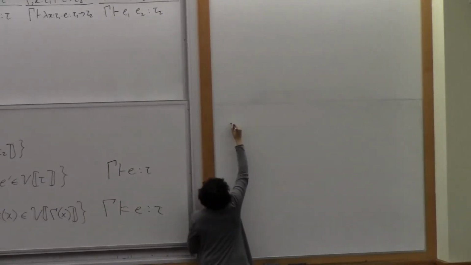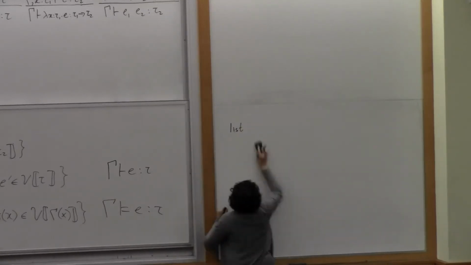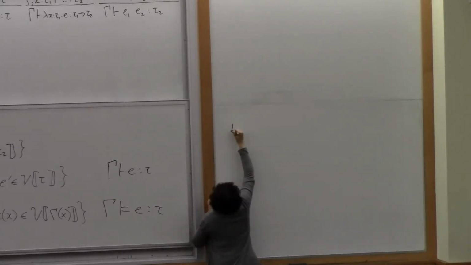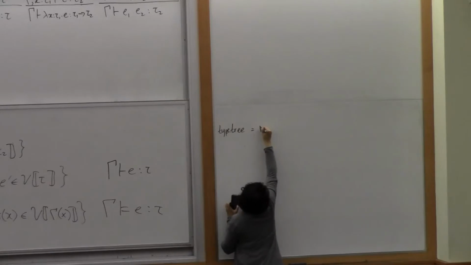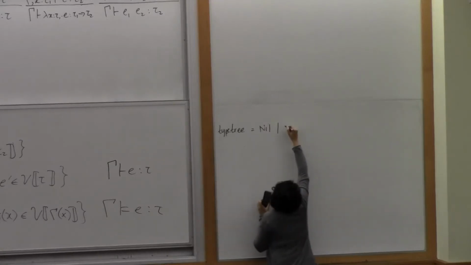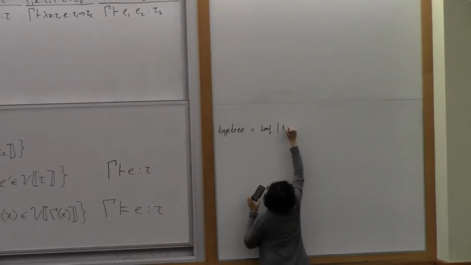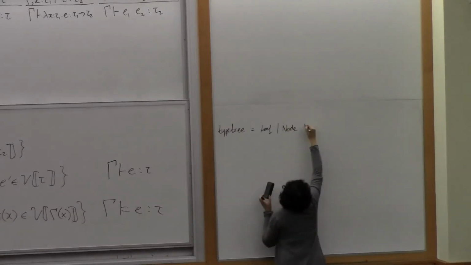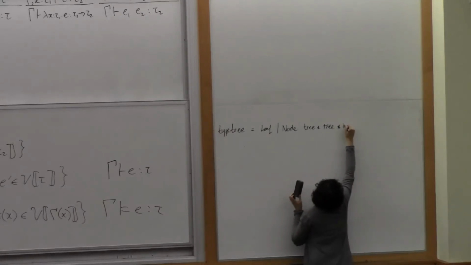So something like, let's do a tree instead. You can have a tree type in ML, and it could be empty, or it could be a leaf, or it could be a node of a tree cross int.